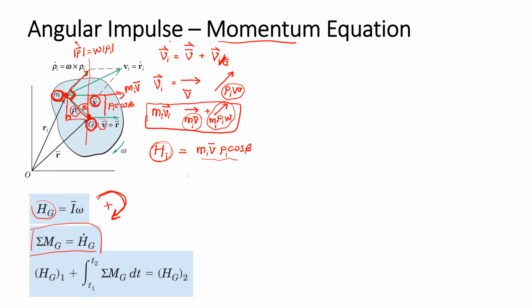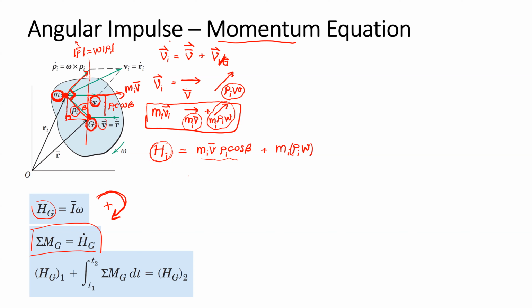So the effect of this relative velocity on the angular momentum will equal the magnitude of the linear momentum, mi rho I omega.